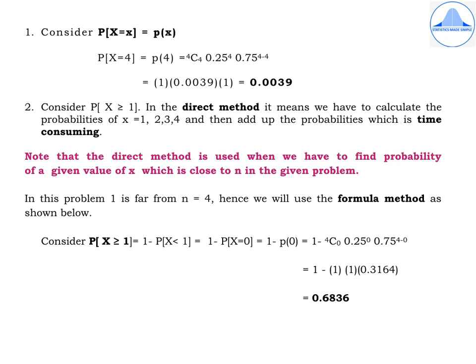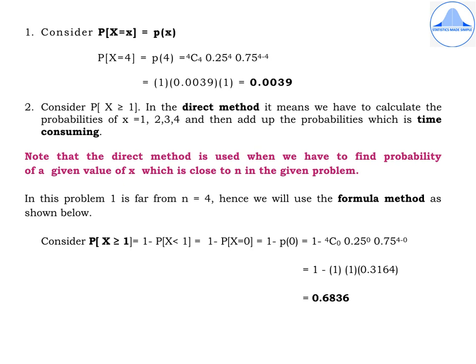Now x greater than or equal to 1 in the direct method means we should calculate the probabilities when x is equal to 1, 2, 3 and 4, and if we add up all these probabilities then we will get the answer, but it will be time consuming.